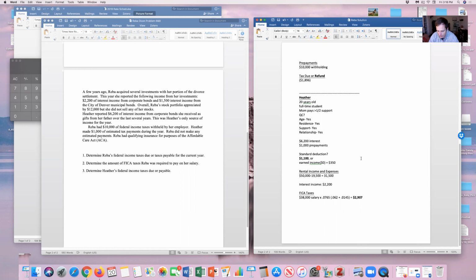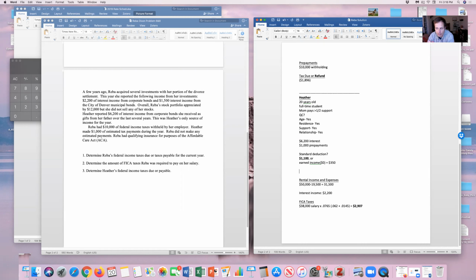The other part of this: I wouldn't expect you to calculate her actual tax liability, but I would want you to know whether Heather is going to be subject to any taxes other than the regular income tax, and what that might be.